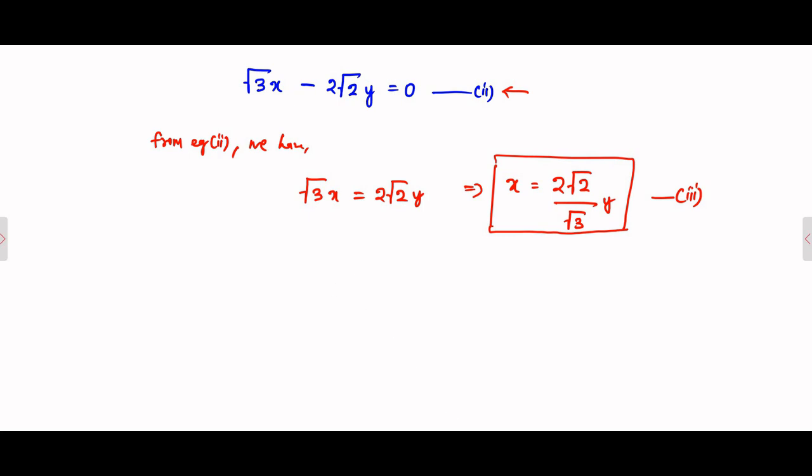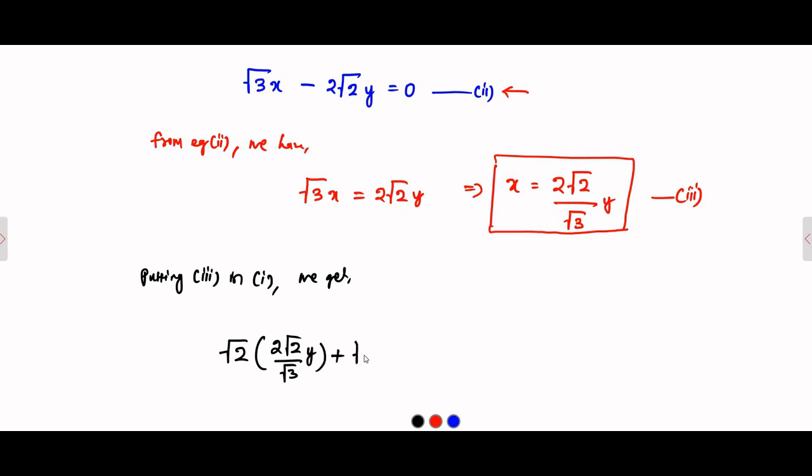So putting 3 in 1, we get root 2 into 2 root 2 by root 3 y plus root 3 y is equal to 0.